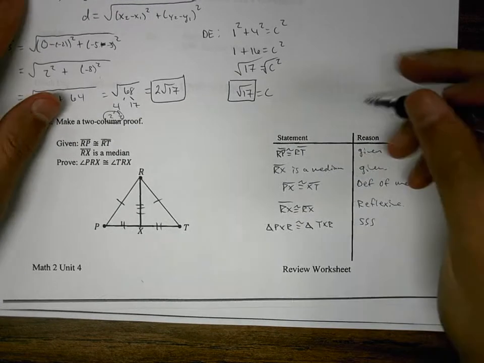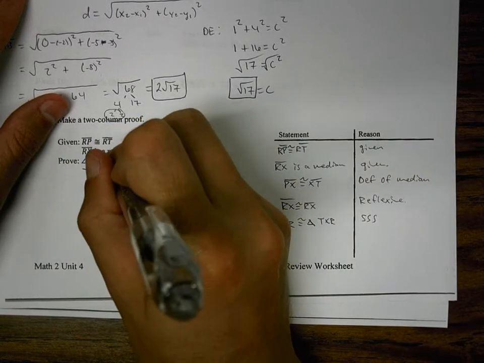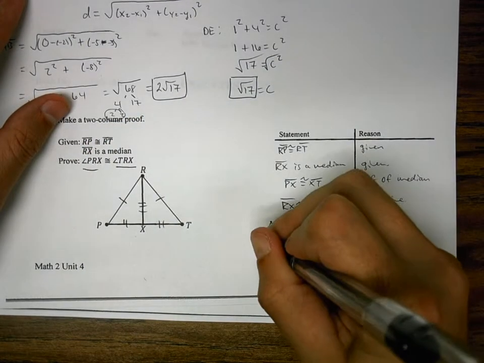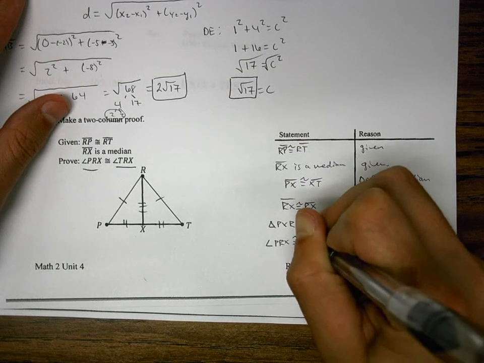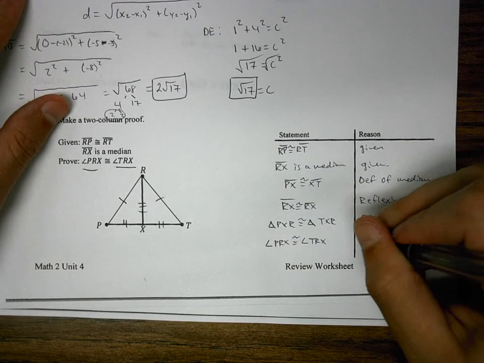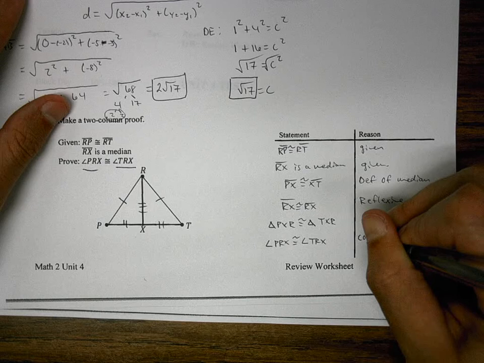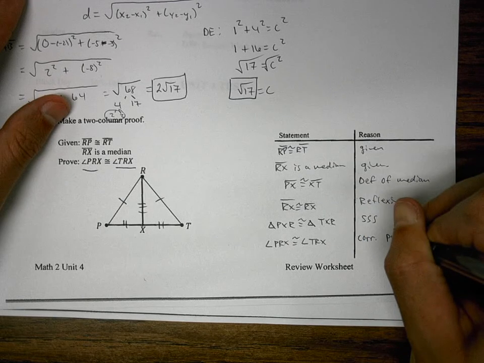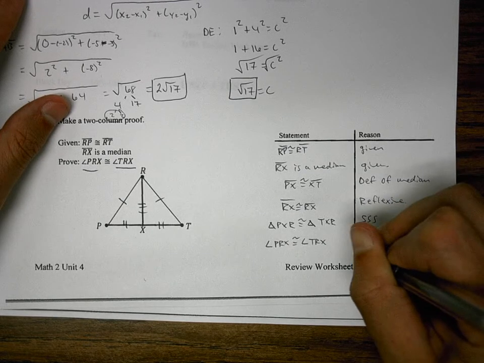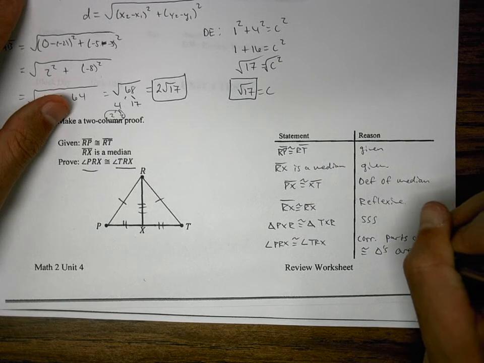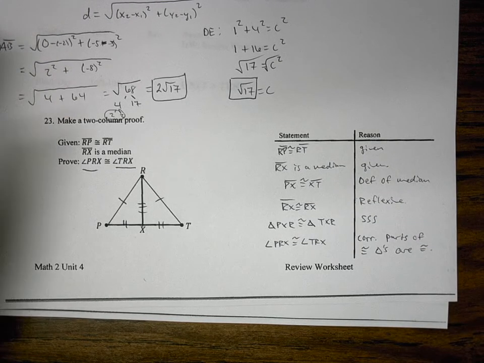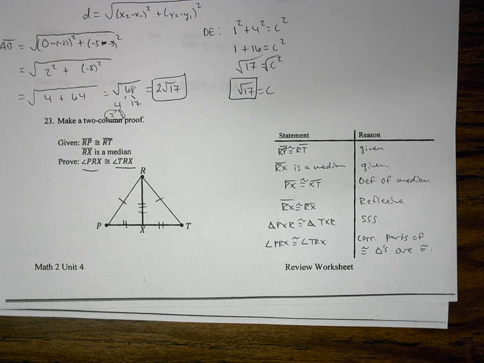They wanted me to prove that angles were congruent, so I can prove it now. Angle PRX is congruent to angle TRX by corresponding parts of congruent triangles are congruent. Okay, best of luck, guys.